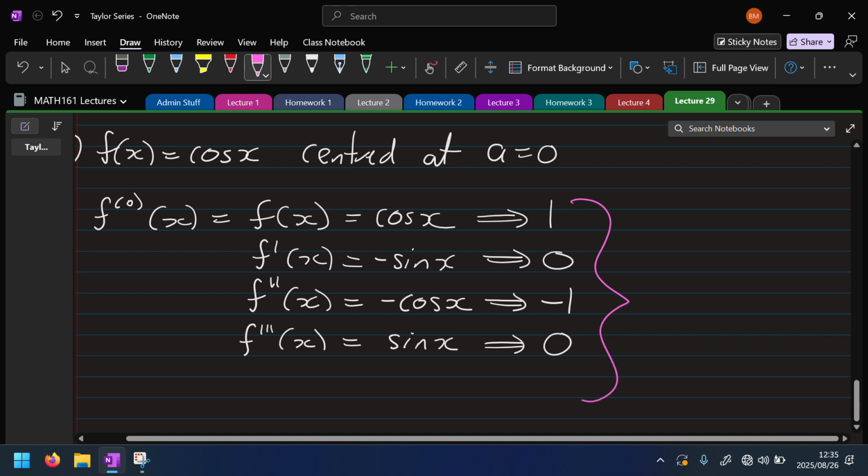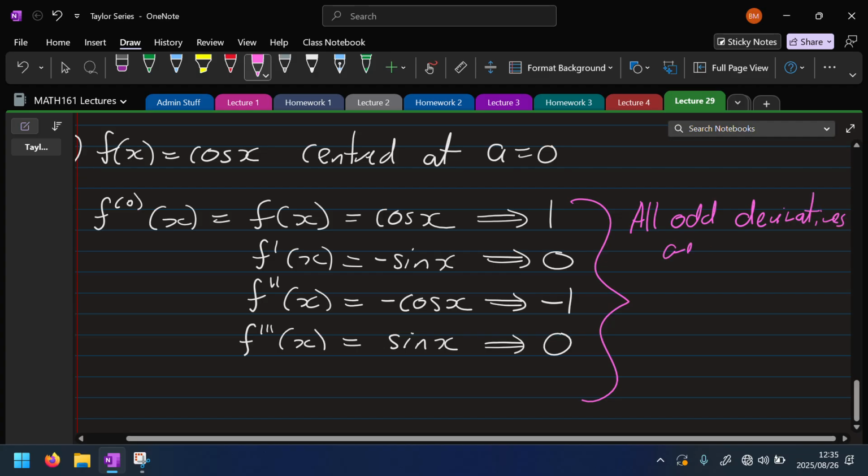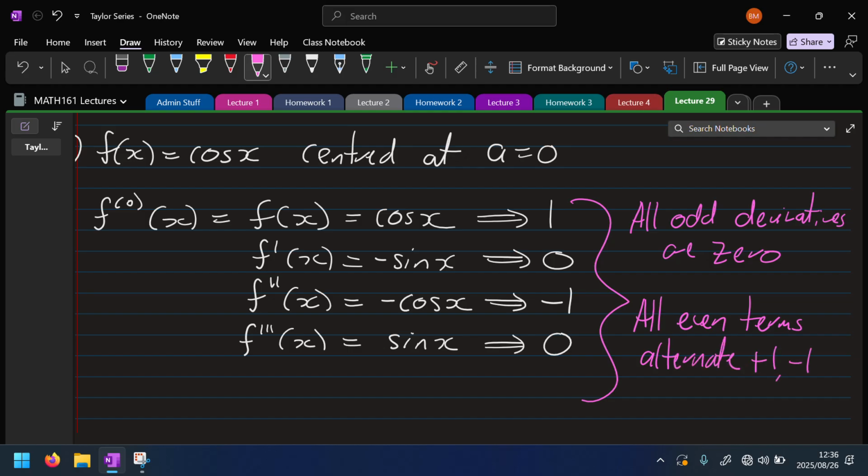Again, all of the odd derivatives are 0, and all of the even ones will alternate 1, minus 1, 1, minus 1, and so on.